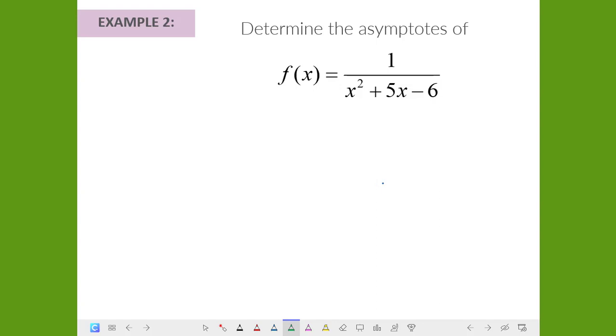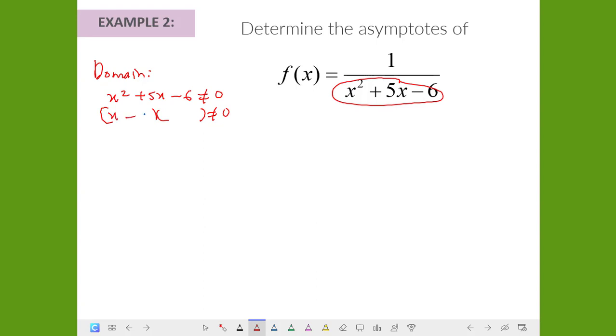The first step is to find the domain. Wherever there is 1 over something, the denominator is not equal to 0. So find where x plus 6 times x minus 1 equals 0, so x is equal to negative 6 or x is equal to 1.